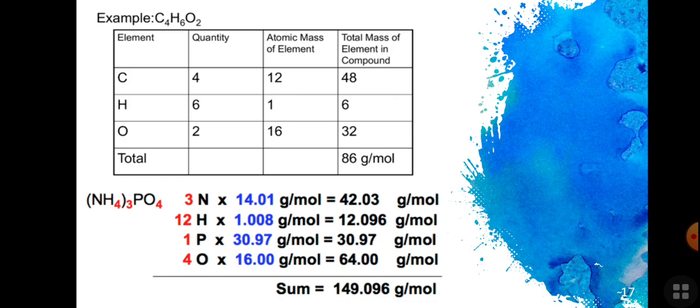So we have 3 nitrogen, 12 hydrogen, 1 phosphorus, and 4 oxygen multiplied by its atomic masses or its molar masses. Then we will arrive at these answers: 42.03 gram per mole, 12.096 gram per mole, 30.97 gram per mole, and 64 gram per mole. We add those molar masses at ang magiging sagot natin is 149.096 gram per mole.